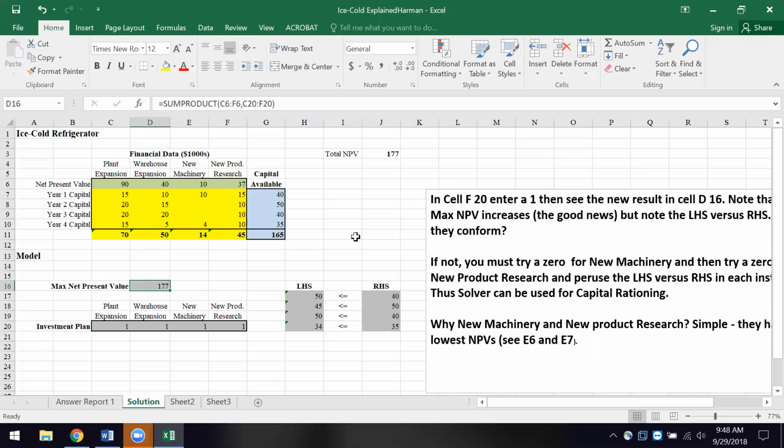I will get, in today's dollars, the present value, $177,000, but I violated all my constraints. Why? What it's telling me is you don't have enough money based on your constraints. And you can see that up here. Okay, well, we don't have enough capital to pay for every one of these projects each year. But if we add that capital, that means the capital available figure is going to go up. So we're going to have to optimize.